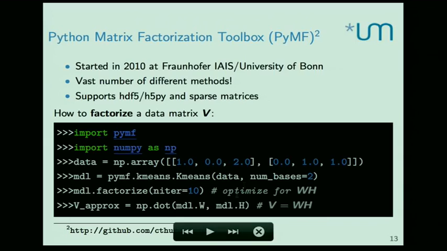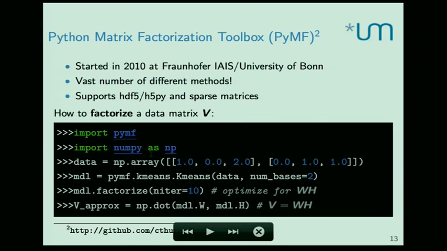The toolbox supports a vast number of different methods. It also supports HDF5 via H5Py and also sparse matrices. It doesn't support HDF5 and sparse matrices for all the methods. That has some technical reasons, and sometimes for certain methods, even if you put a sparse matrix into it, you end up with a dense matrix, so it doesn't really make sense to apply it there anymore.